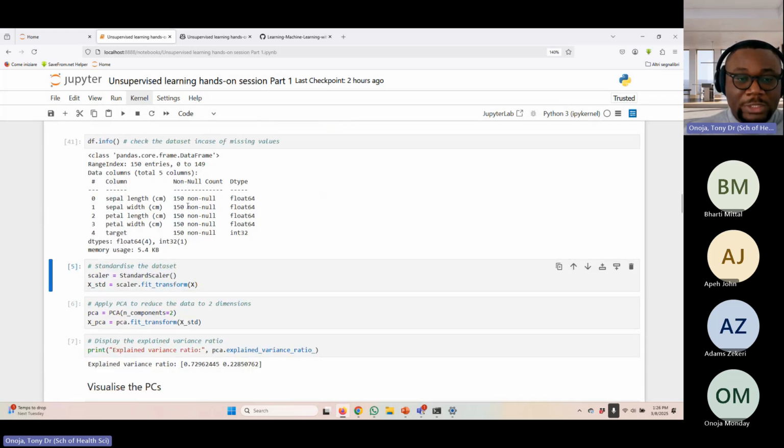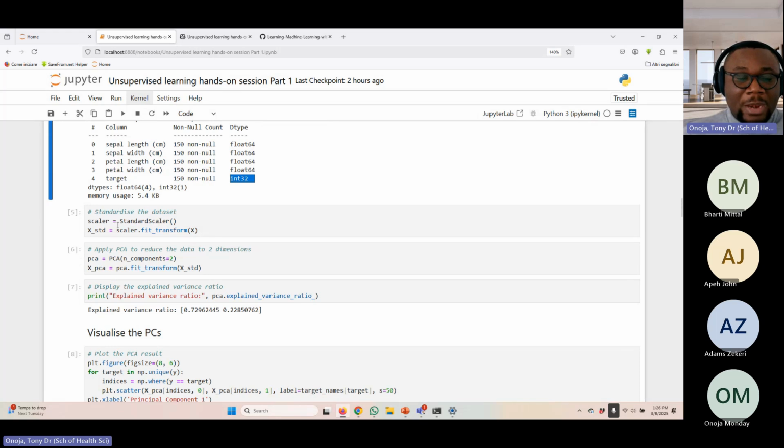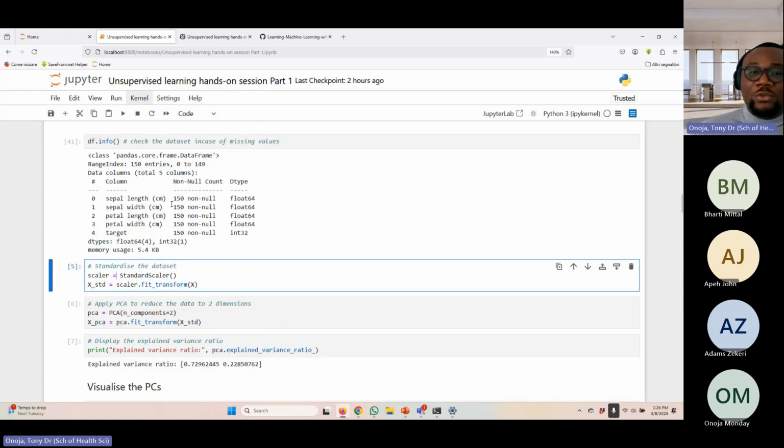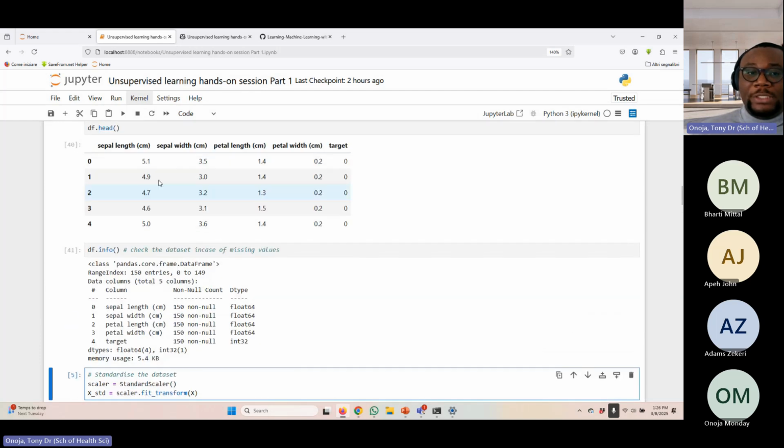When you look at it, you would see that there are no missing values in this case, and all of them are floats, with the exception of the target, which is an integer. Then before you do PCA, although some people don't do that, I would recommend you scale the data because the data set most of the time is likely not on the same scale. Although these ones look almost like the same scale, you could still see the sepal length is much bigger here compared to this one.